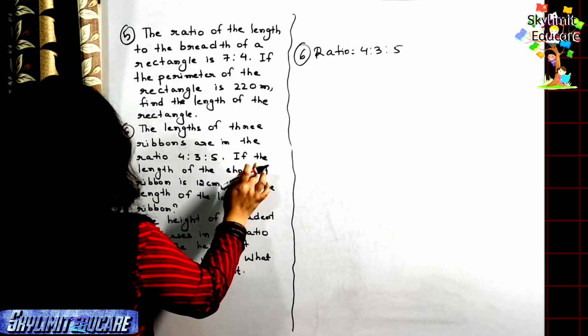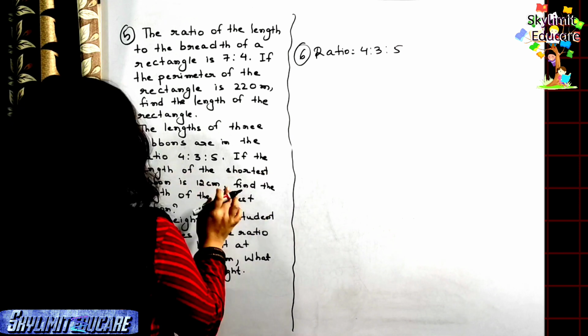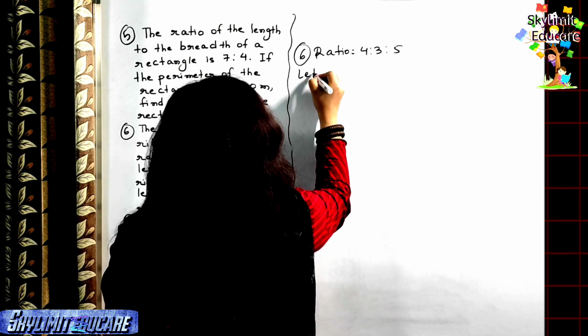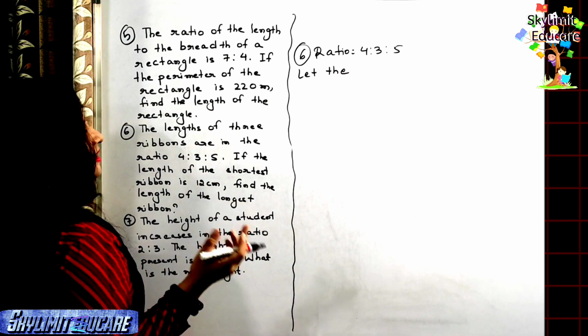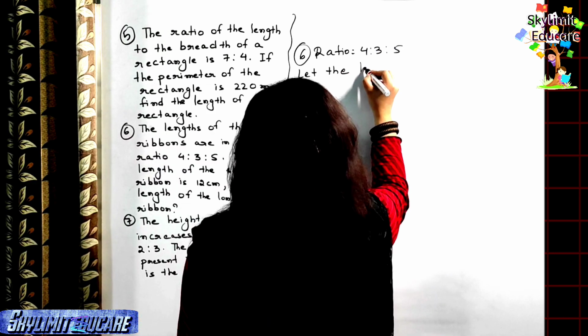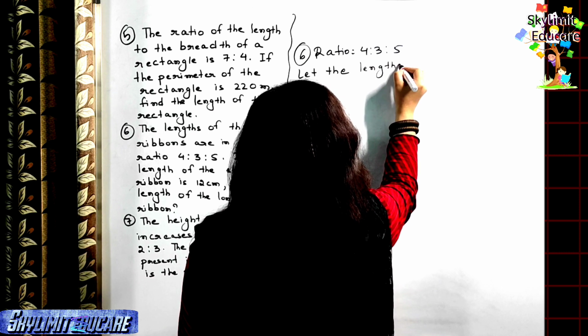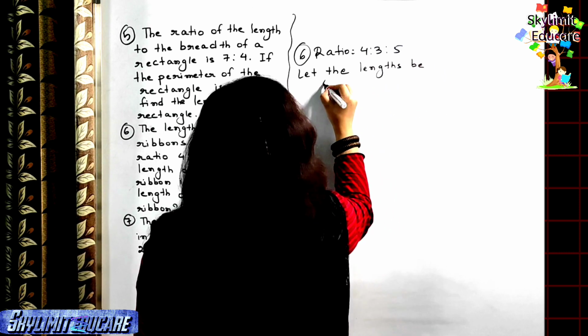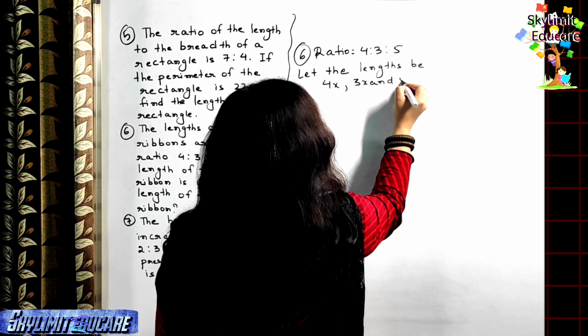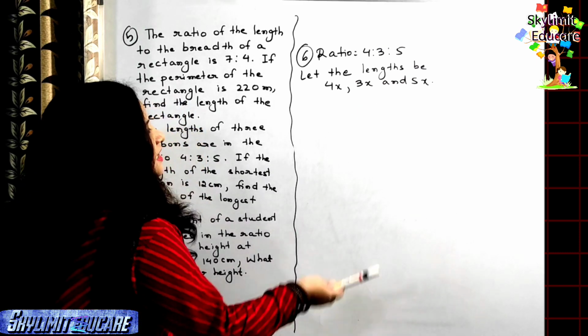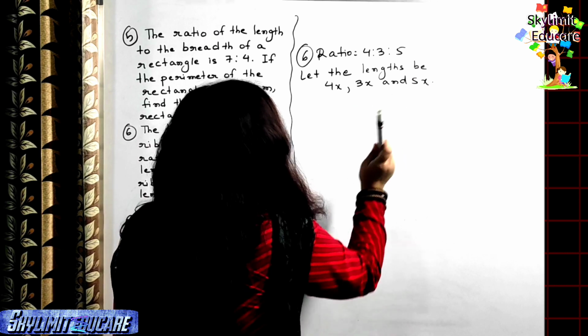4:3:5. Let the lengths of the 3 ribbons be 4x, 3x and 5x.